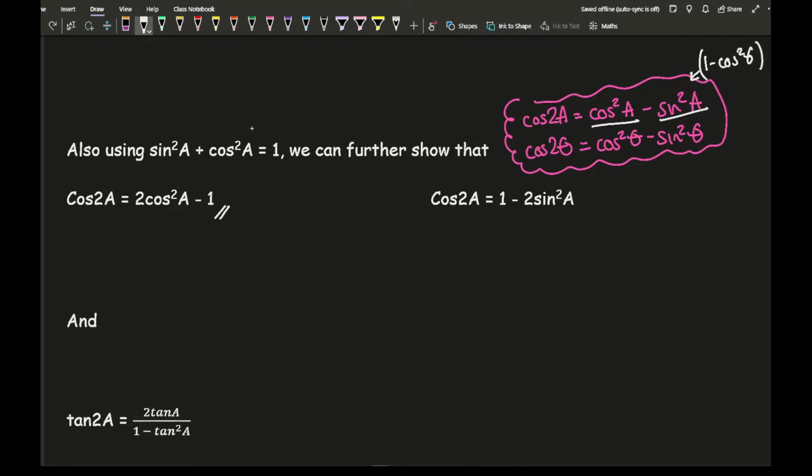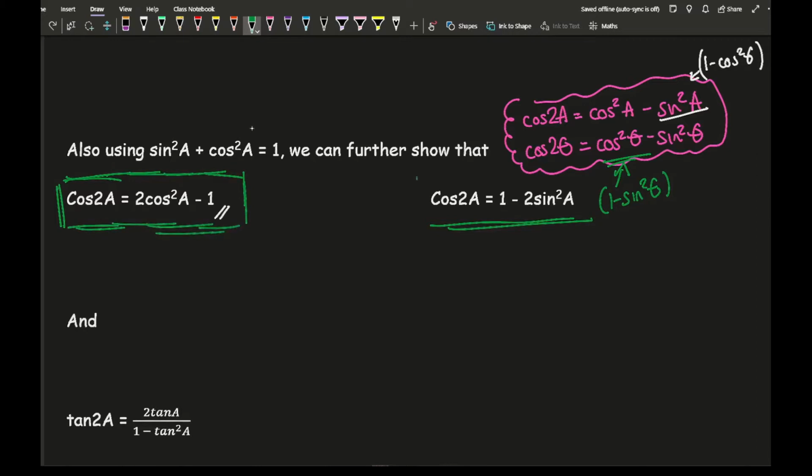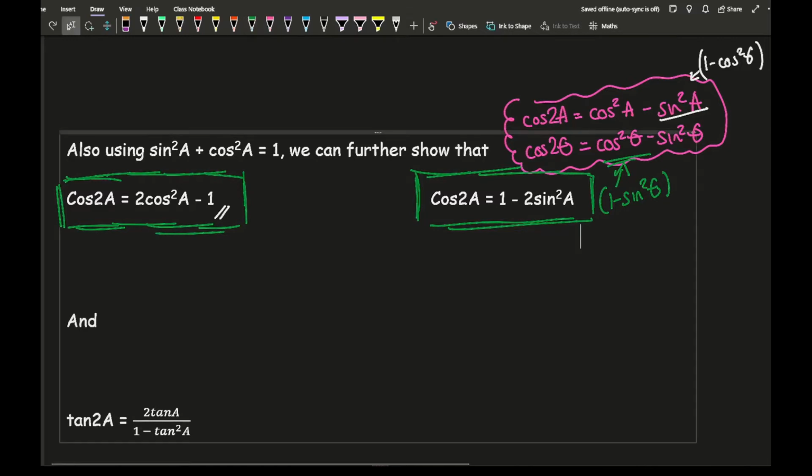And if I then went on to replace the cos squared theta with 1 minus sine squared theta, then that would give me this identity. So although these two aren't the more formal double angle identities, these are ones that you may come into question and use a lot more than the actual one that we are given.